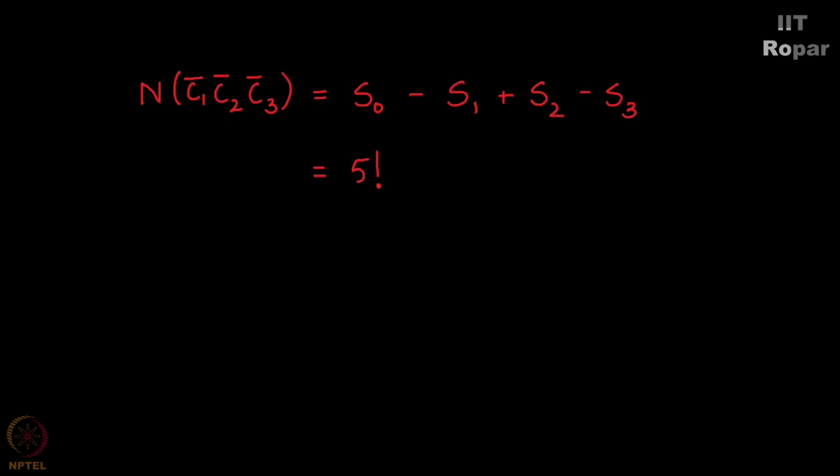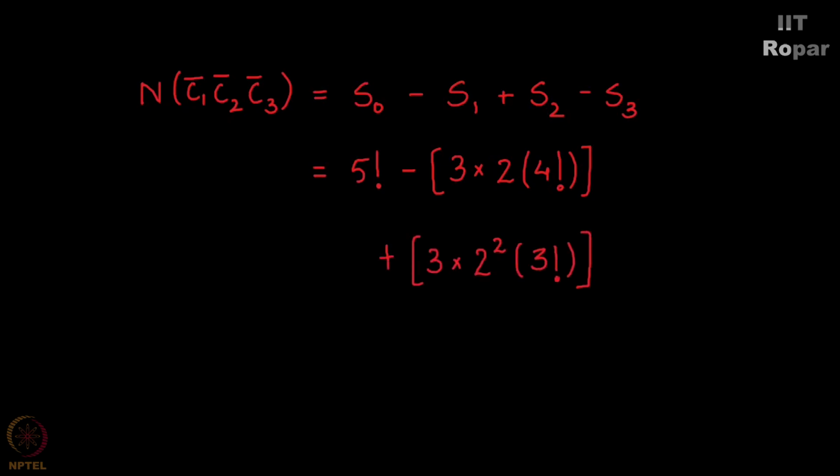Now, what is S1? S1 is n of C1 plus n of C2 plus n of C3. So minus S1 happens to be minus 3 into 2 into 4 factorial, since 3 times it is the same thing. S2 is n of C1 C2 plus n of C1 C3 plus n of C2 C3, which is 3 into 2 square times 3 factorial. Minus S3 is 2 cube into 2 factorial.